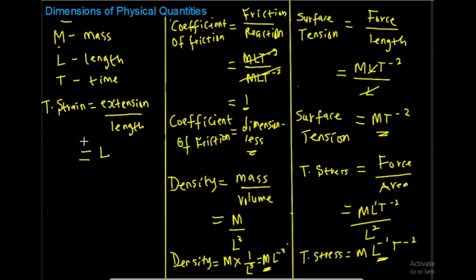It's also measured in meter or centimeter like length. So we represent it with L divided by length as its dimension, which is L. So we have L divided by L, and that's equal to 1, which is a constant. Because 1 does not have a dimension, it's dimensionless. So tensile strain is dimensionless.